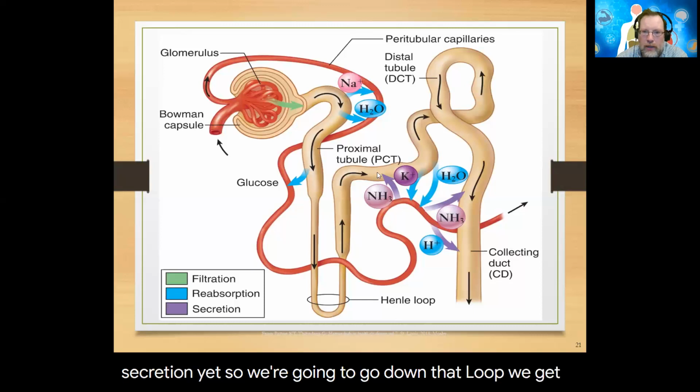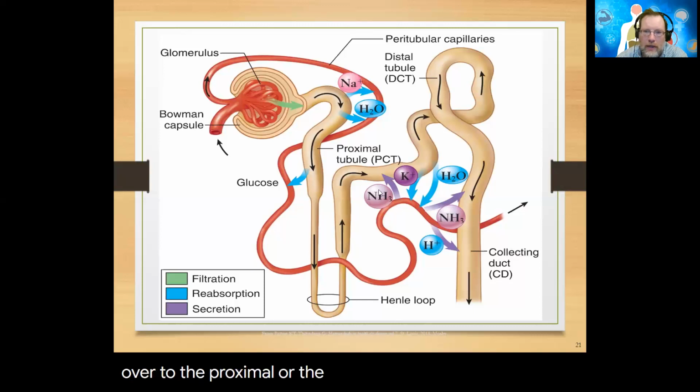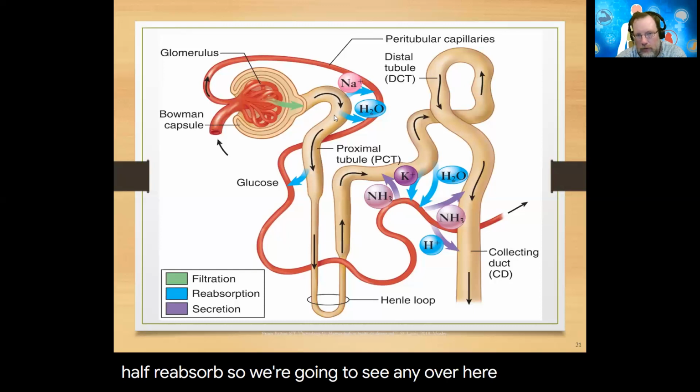We get over to the distal convoluted tubule, and we see urea. About half of the urea is going to be eliminated, and about half reabsorbed. So 50% of urea is gone by the time we get here.